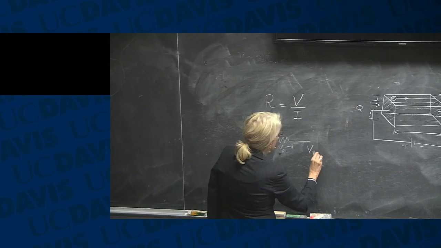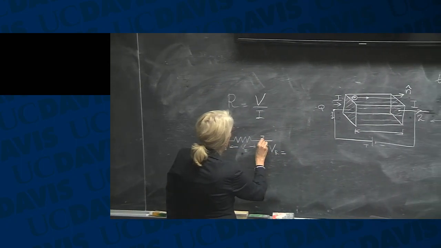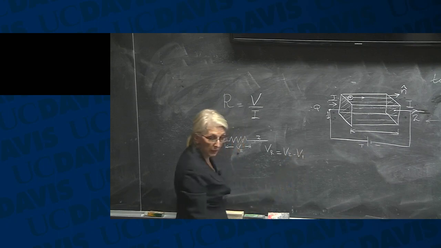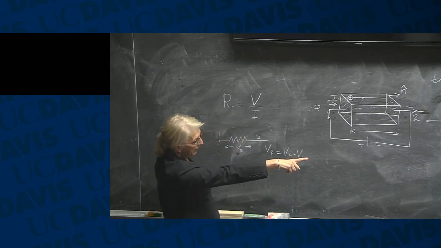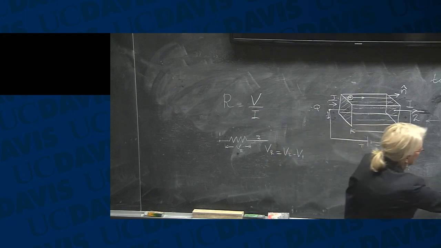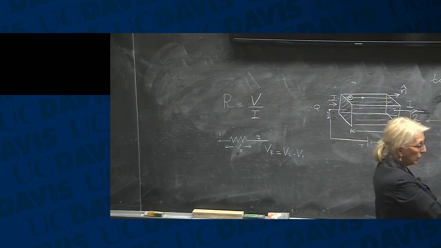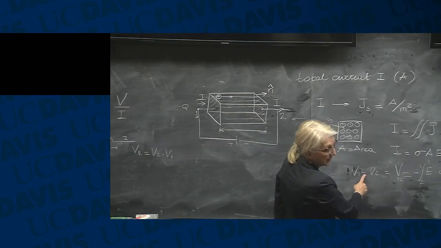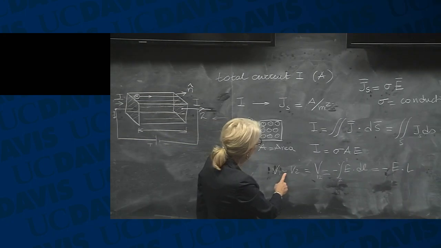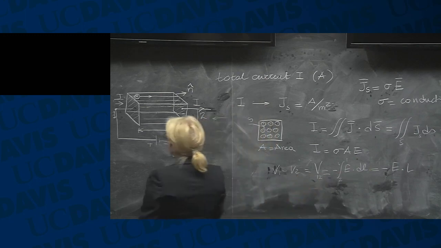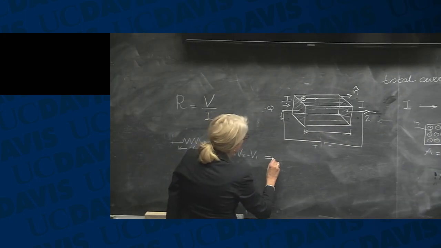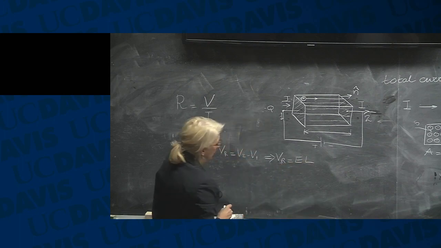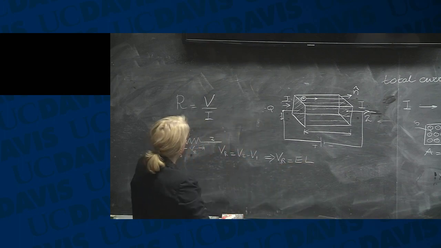V resistor is nothing else but, if this is point 2 and this is point 1, V2 minus V1, okay? That's why the negative sign is right, because coming from the electrostatic equations, going to circuit equations, we had here the voltage drop between points 1 and 2, V1 minus V2. But going into circuits, V sub R will be EL, all right, according to this definition.